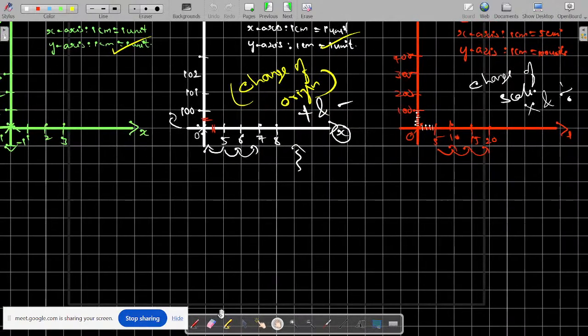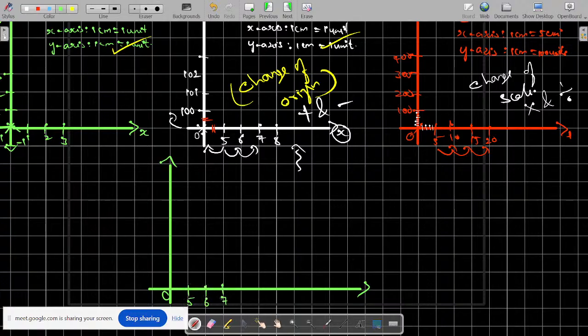Let me draw here. How it will actually look. Yes, please join. I'm taking x-axis and y-axis. Okay. Here is the origin. Please make a note. 5, 6, 7, so on. This looks like this one, right?